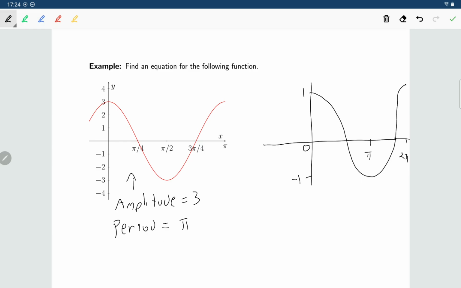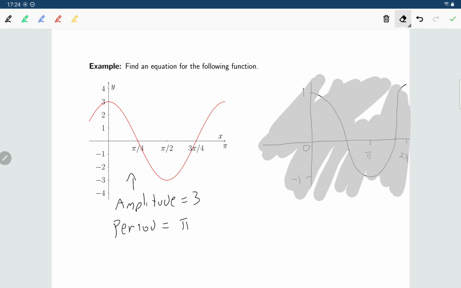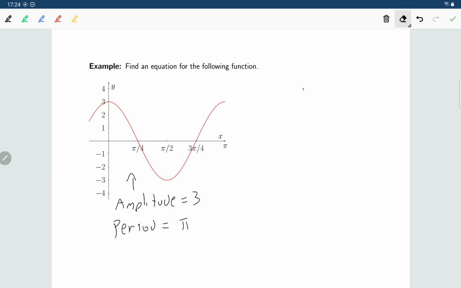So basically what I need to do now is come up with a cosine function that has an amplitude of 3 and has a period of pi. If I'm thinking about the amplitude of 3, that one's the easy one to take care of. I know that my function will be y is equal to 3 times cosine of something times x. I just need to figure out what that value of, in this case, b is.